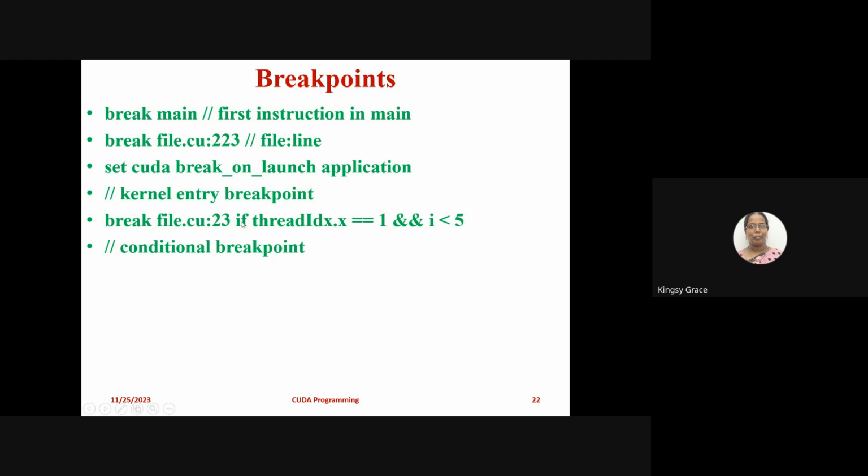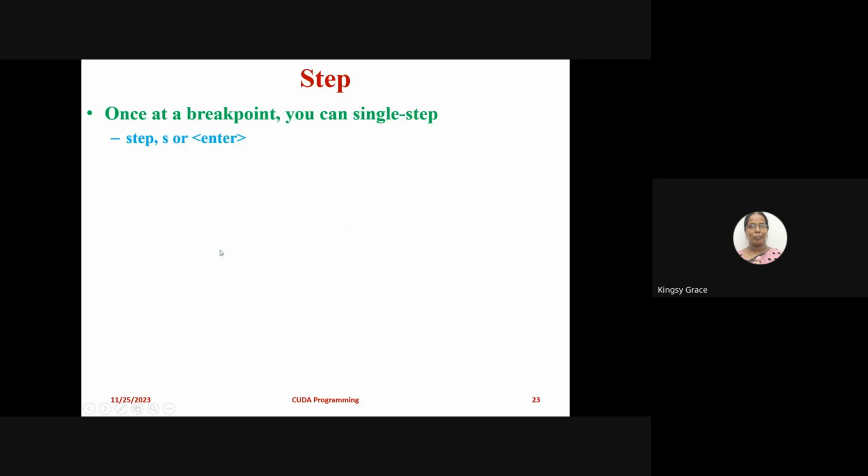Then you can give thread ID equal to 1 and i less than 5. You can give breakpoints in different steps too, not in a single step, like in our C program.